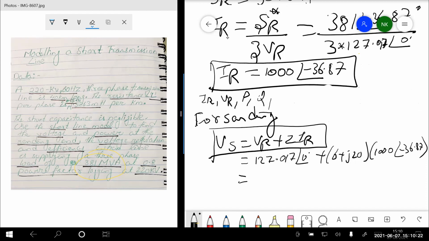If we change this parametric value further, we have to change this as well.